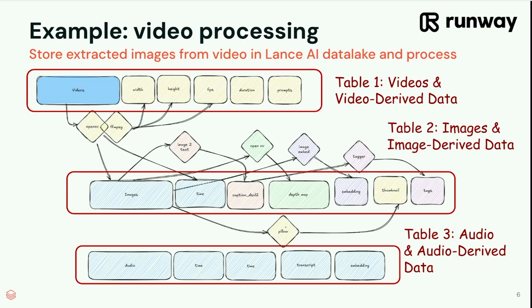For images, you can also leverage models to generate what this image is actually about, what's the caption, and what's the embedding, and all kinds of information. So in this way, all your videos, images, and audio, together with all the information that you generate from the source data, can all be stored in the same Lance AI data lake.